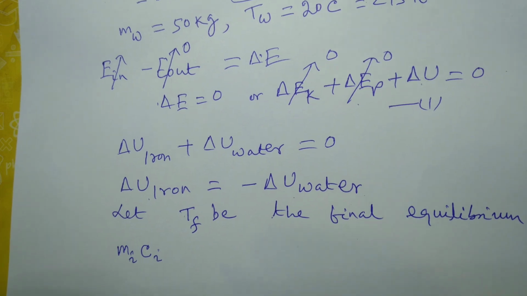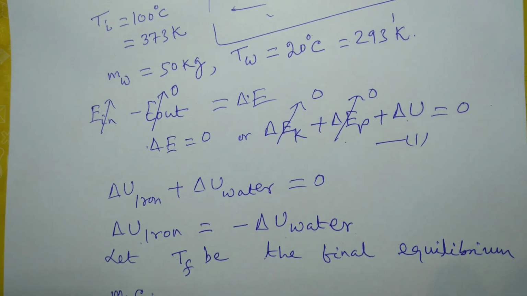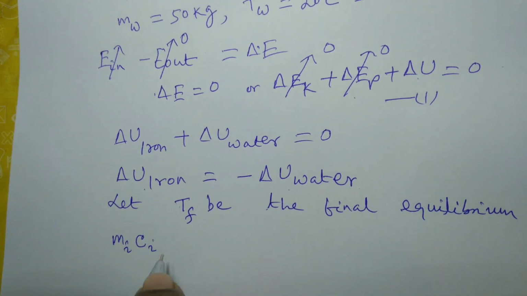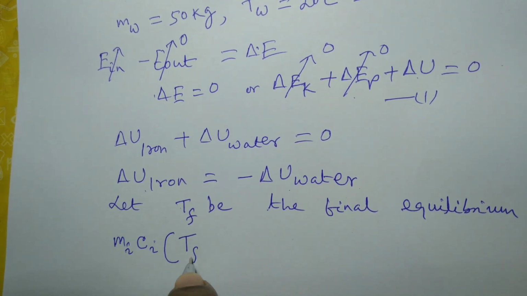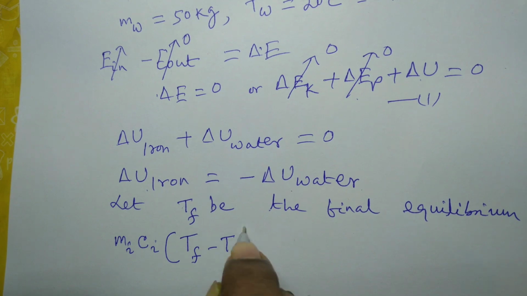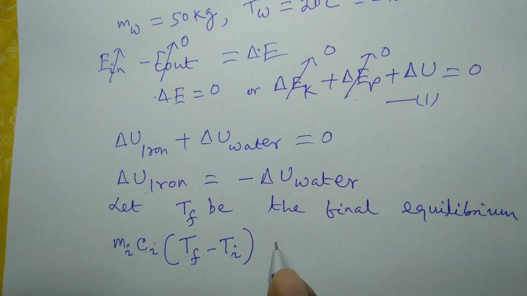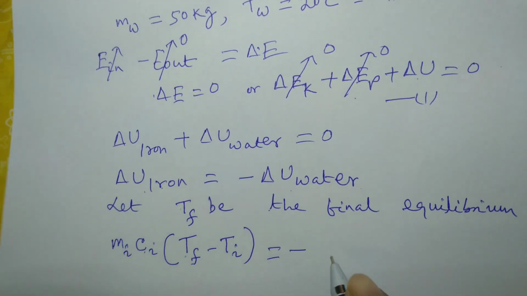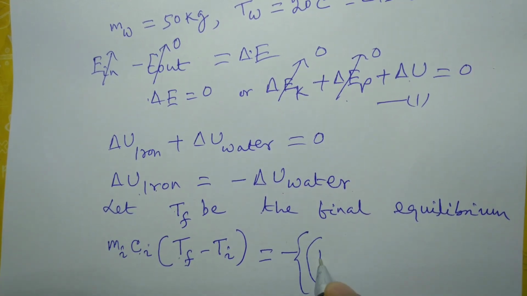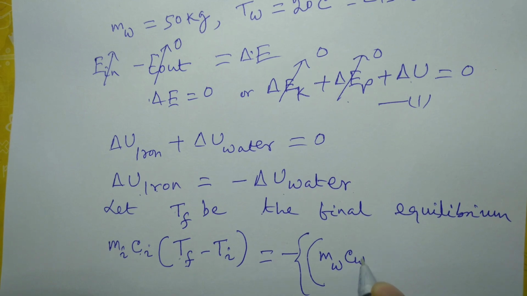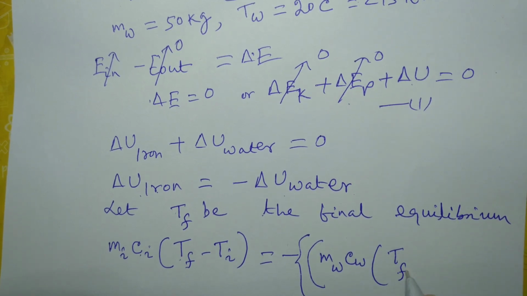So Mi Ci Tf minus Ti is the change in internal energy of iron, which is equal to minus delta U of water, which will be Mw Cw Tf minus Tw.